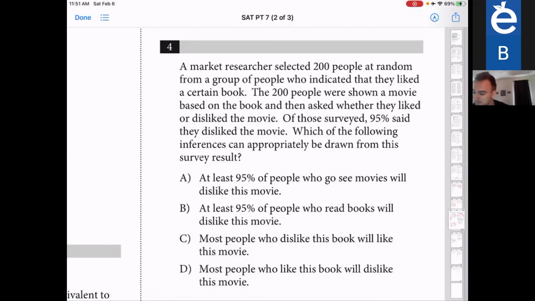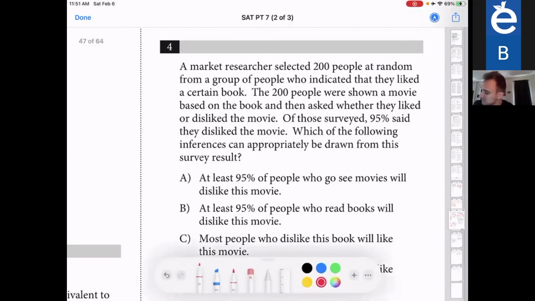So we have 200 people at random from a group of people who like this book. They were shown a movie based on the book and then asked whether they liked or disliked. So only 2 choices, right? Either liked the movie or disliked the movie.